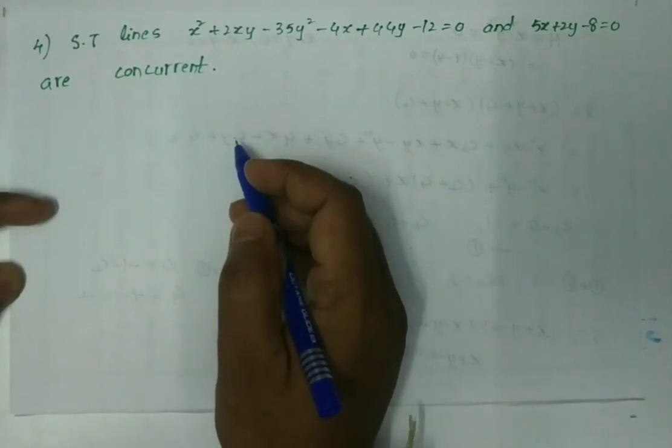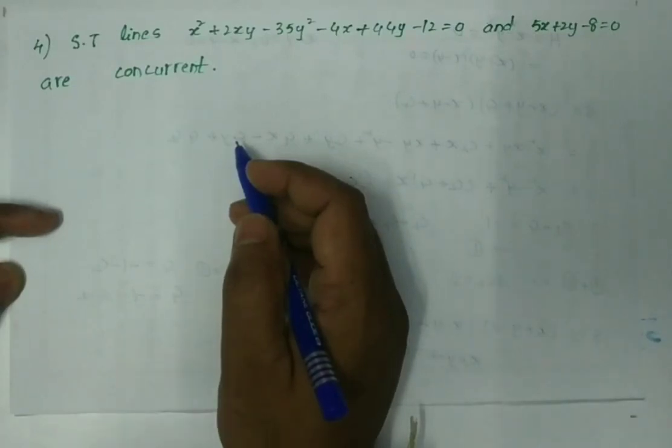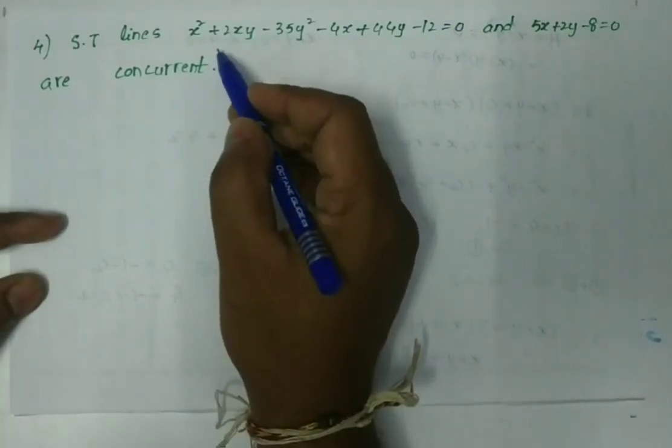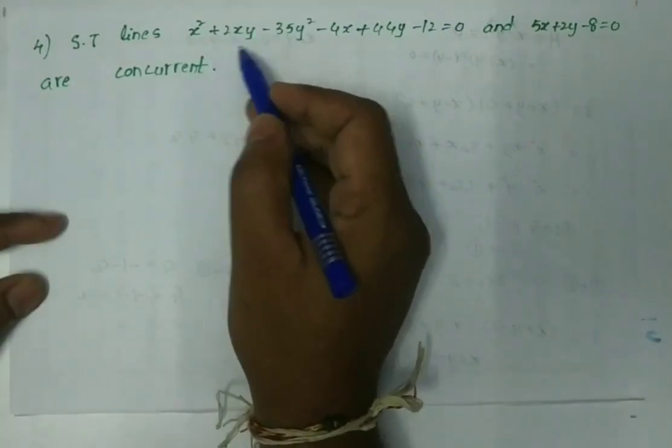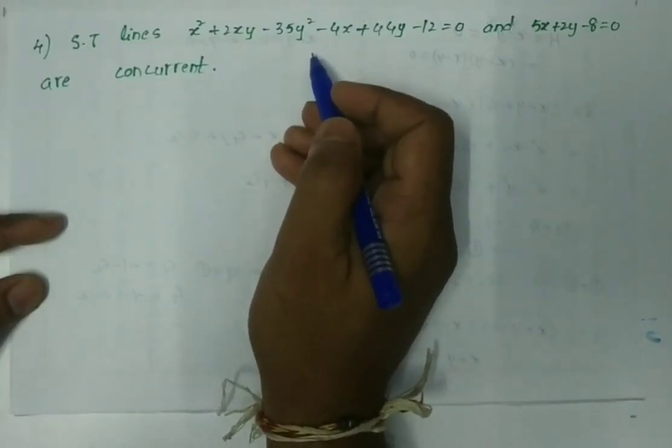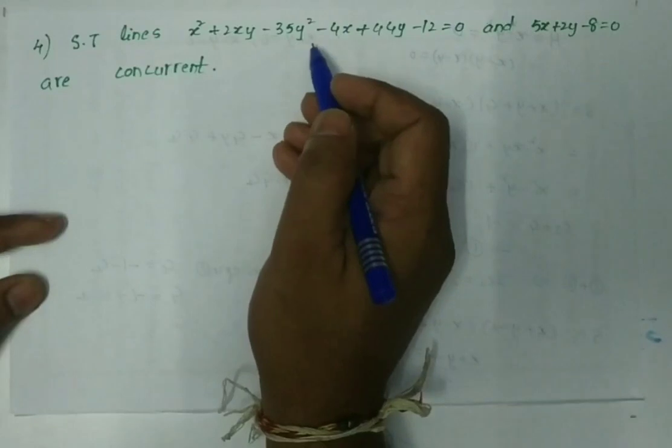If you observe that, students, already we learned concurrent lines in straight lines. Here the equation x square plus 2xy minus 35y square minus 4x plus 44y minus 12 is equal to 0 represents a non-homogeneous second degree equation.